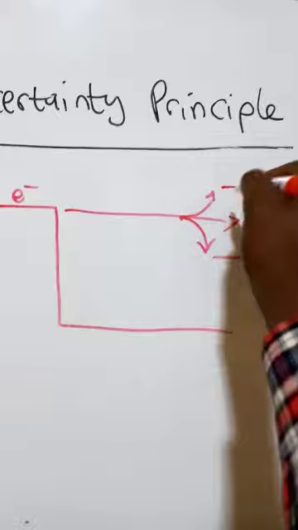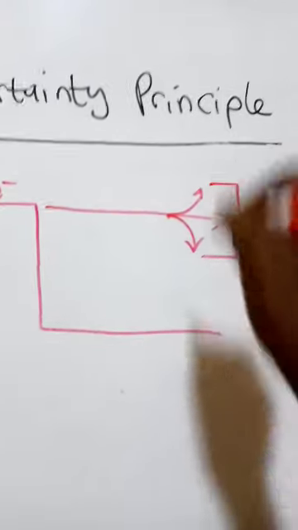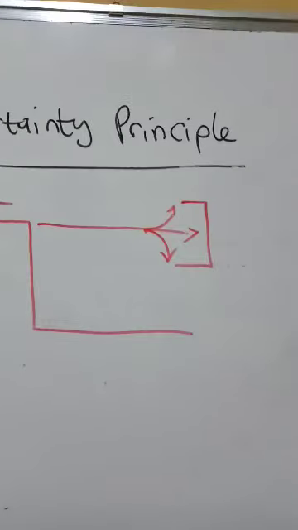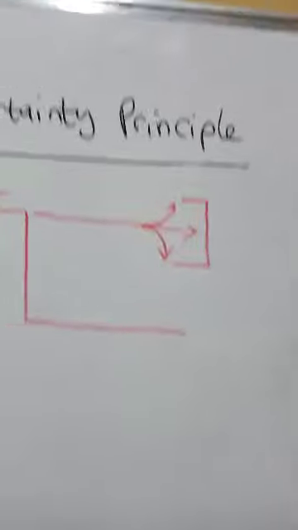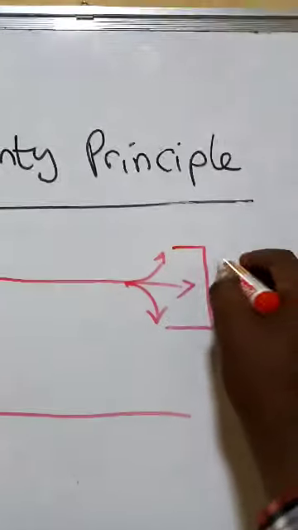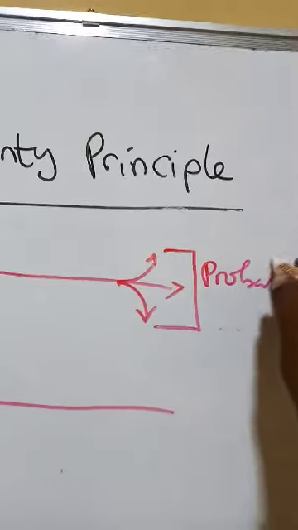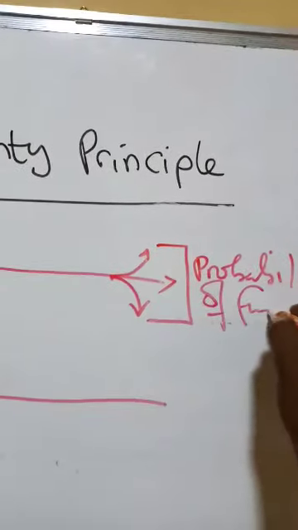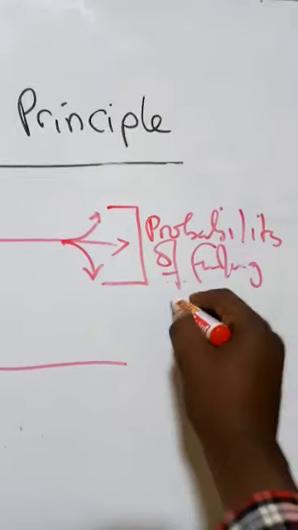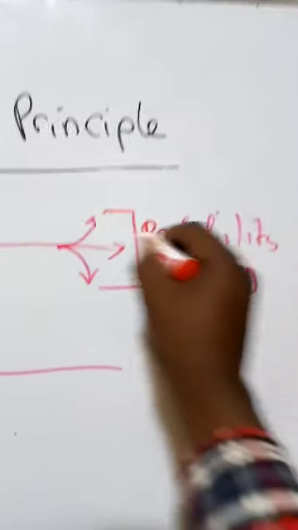It is not possible to locate the exact motion of the electron, or rather the position. So here we simply use the probability of finding an electron in this region.